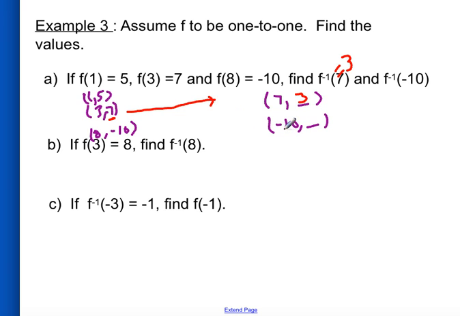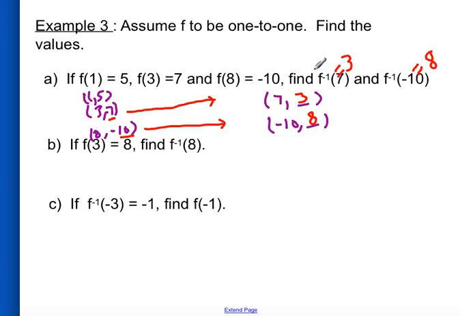Well, I'm looking at negative 10 something, so come over here and look at the y value. Because remember, they're swapped. If 8 there is x, and y is negative 10, then its inverse function is negative 10, 8. You switch the x's and the y's. So what's this value over here? The inverse of f there at negative 10 is 8.